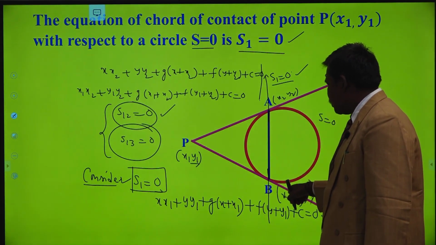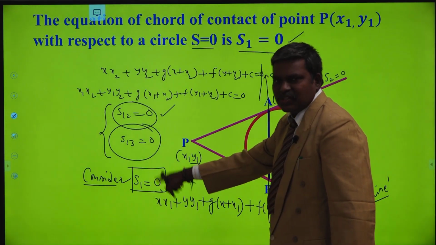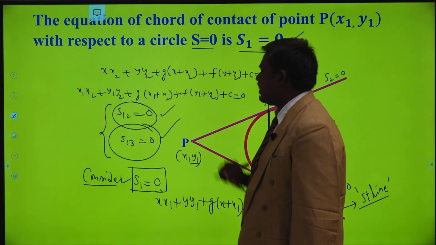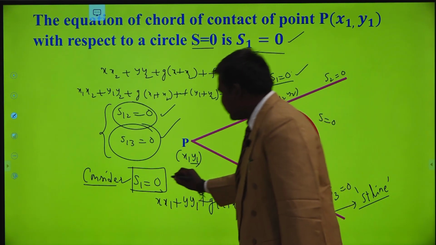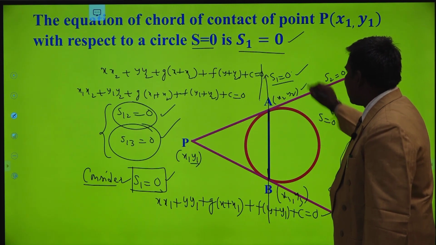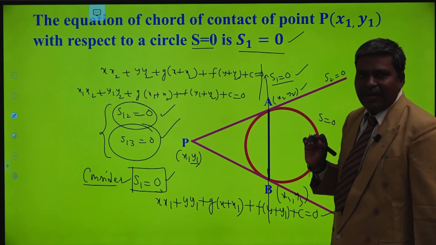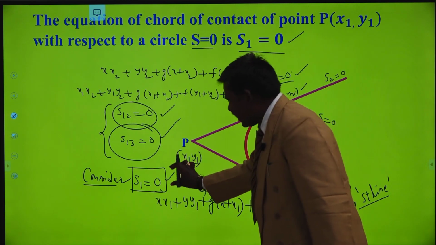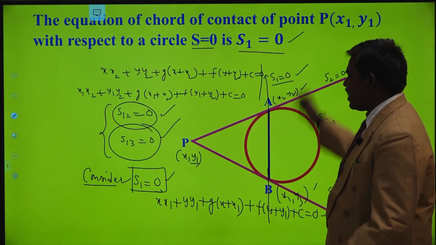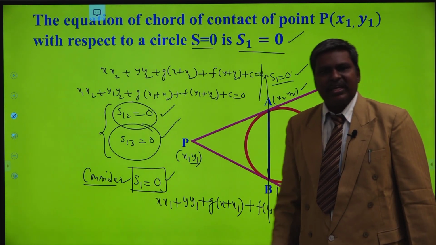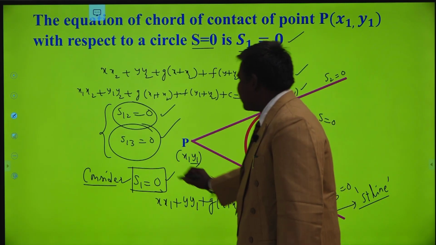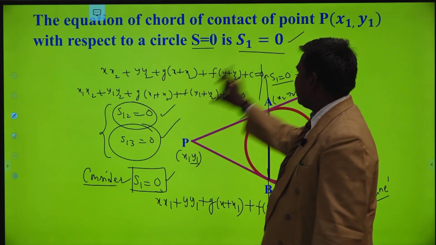If you substitute B in S1, we get S13, which we already obtained to be 0. So the line S1 = 0 passes through both points (x2, y2) and (x3, y3). It represents a straight line and also satisfies these two points A and B. So can I take the equation of AB as S1 = 0? Yes, we can easily take the equation of the chord of contact, that is AB, as S1 = 0. In this manner we can prove the theorem.